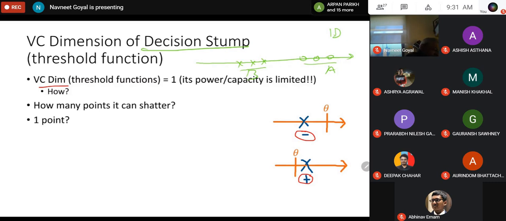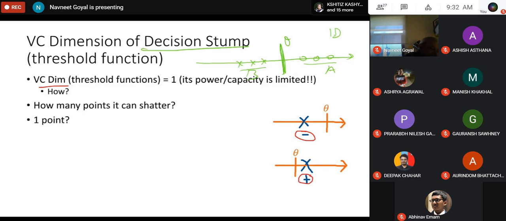Now a decision stump is a point or a threshold. It is also called a threshold function. It is some value on the real line such that anything to the right of this is A, and anything to the left of this is B. It is just like the cutoffs for grades that we have, right?